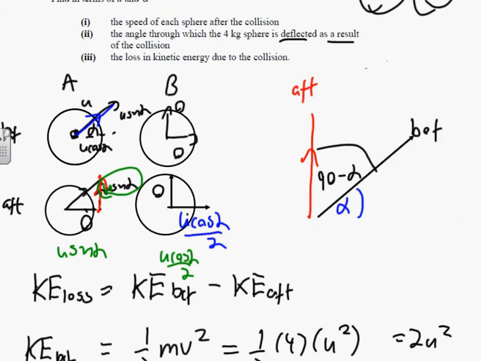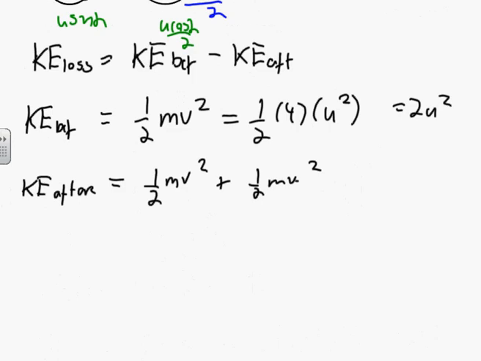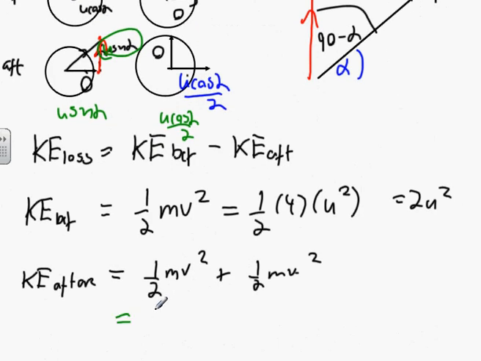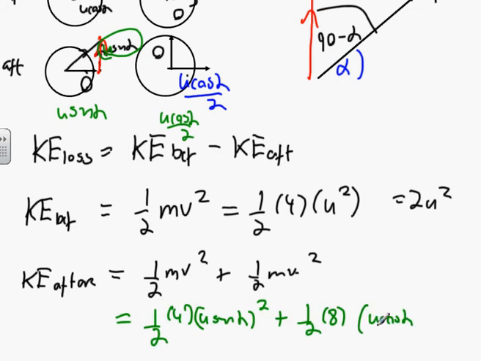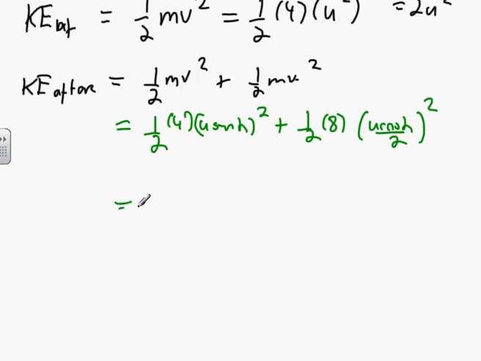Okay? So what's happening here is we're going to have a half m, where m is the mass, which is 4, times u sine alpha squared. Then it's going to be a half times 4 times u cos alpha over 2 squared. This is going to be a half times 4, which is 2u squared sine squared alpha.